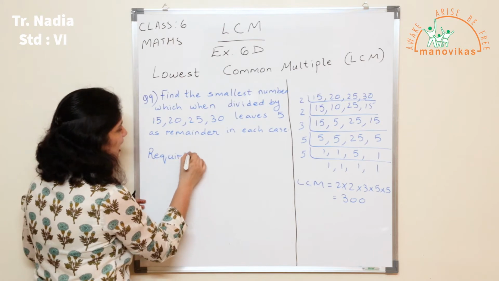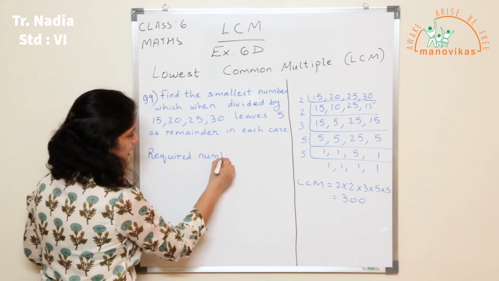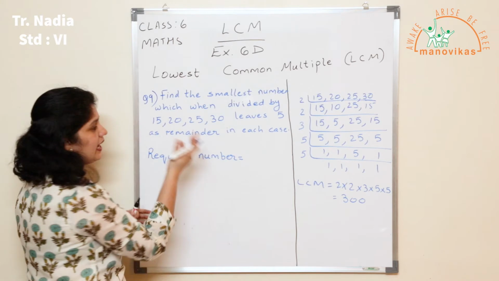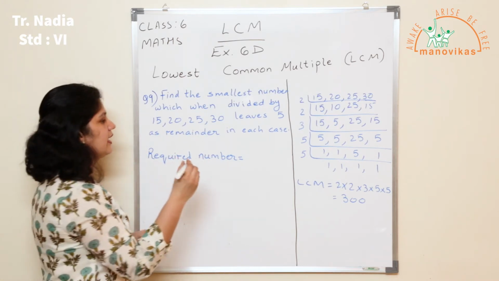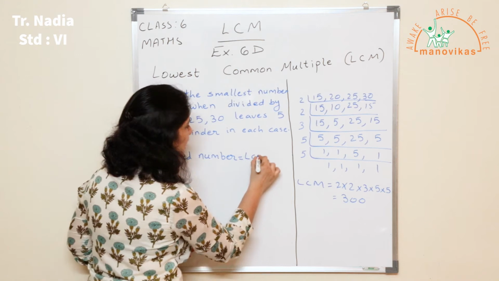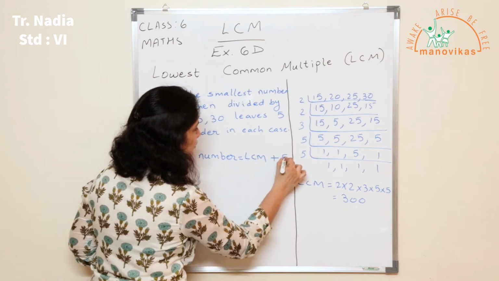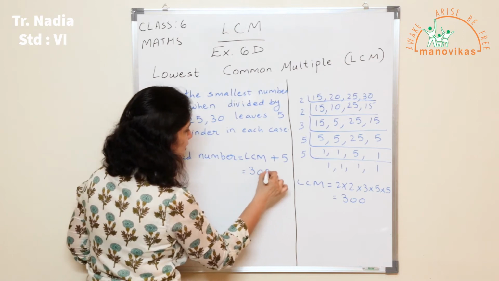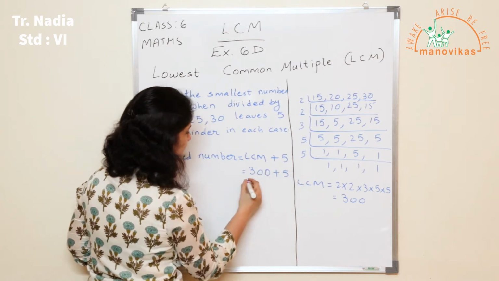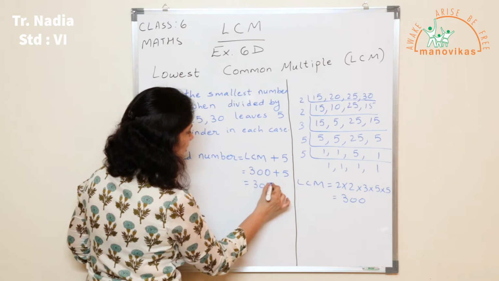If I just write the answer that I got as LCM, when I divide it, I won't have the remainder 5. So, what I will do is, to the LCM that I have got, I will add 5. So my required number will be 300 plus 5. So it will be 305.